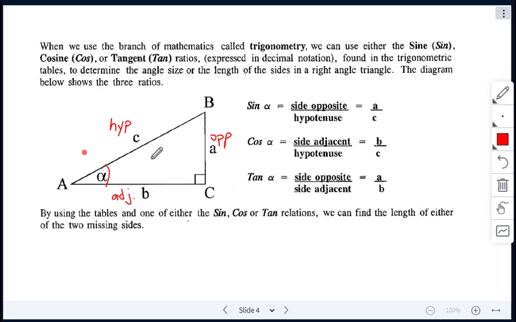Opposite is A, adjacent is B, so therefore A divided by B. Then we can use the table or our calculators, and with any of these ratios, we can find the length of either of the two missing sides. We've just learned our three ratios for sine, cosine, and tangent.